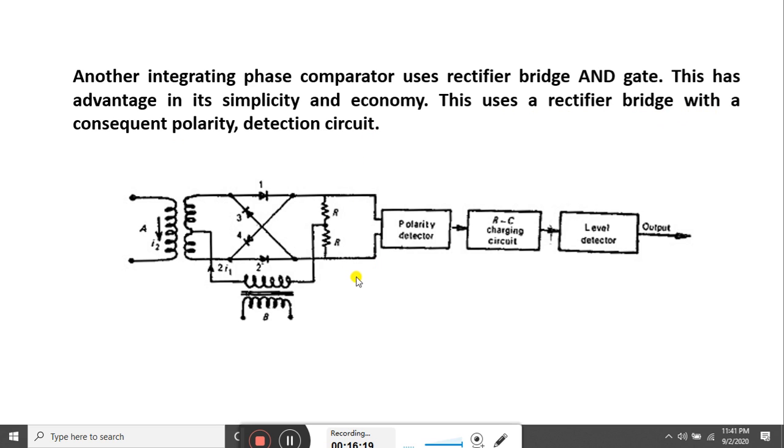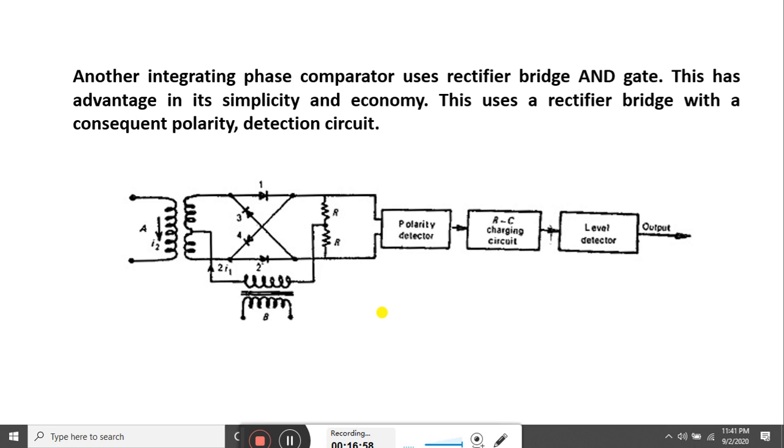Because of the rectifier and gate circuits, it is able to identify the polarity more sensitively with the polarity detector. When the polarity is determined by the polarity detector, it is fed to the RC charging circuit and then the level detector, and further it goes towards the output. This is how the integrating type of phase comparator works, and it can be utilized for the protection circuit.